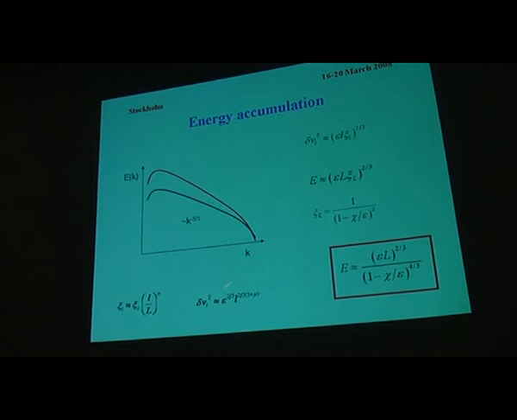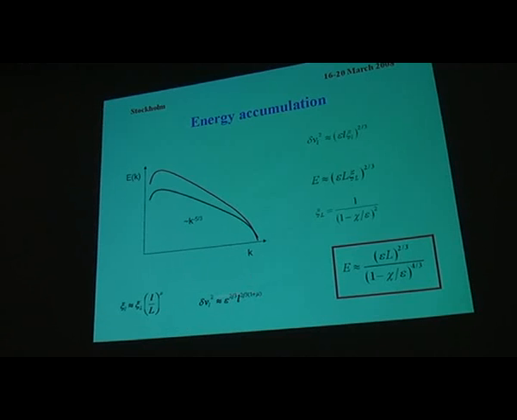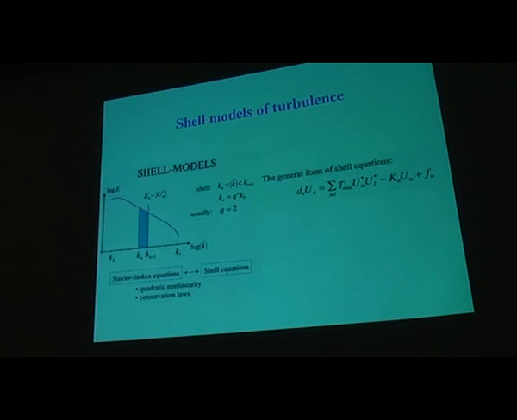And what about the spectral slope? Of course, it will be connected directly with the properties of this reduction coefficient. So this simple idea will be confirmed in the frame of a simulation done by the shell model of MHD turbulence.